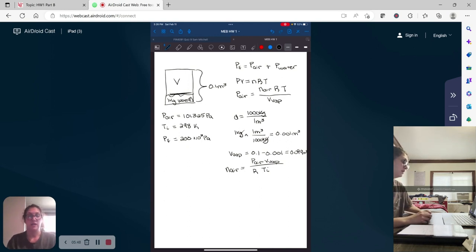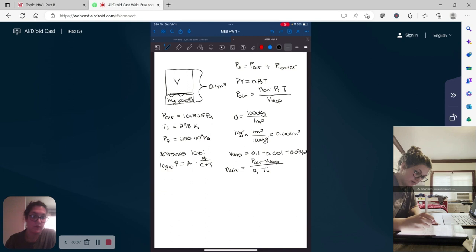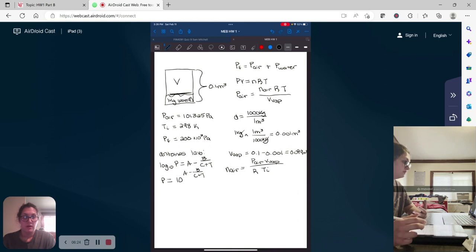And now that we know this, we can apply Antoine's law, which is log base 10 of pressure equals A minus B over C plus T. Then we're going to get rid of the log, which gives us P equals 10 to the A minus B over C plus T. And so that's your equation for the partial pressure of the water, or the saturation vapor pressure of the water.